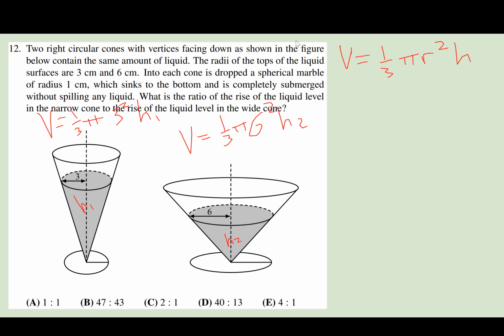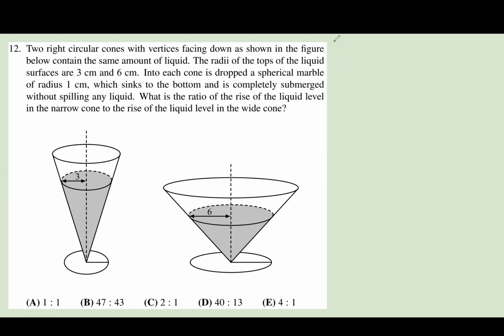And they're equal, right? We can set these equal, but then notice how the 1/3 pi will cancel. So we're left with 9h1 equals 36h2, or h1 equals 4h2. So what we come out of from that is that h1 equals 4h2.